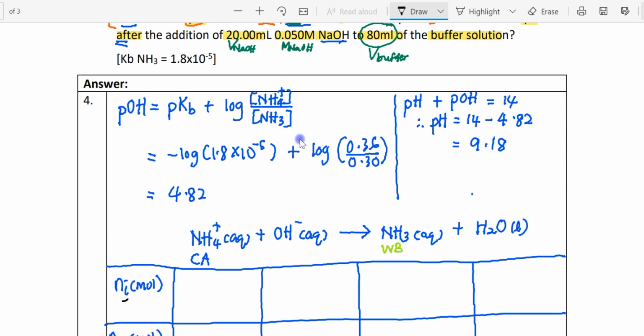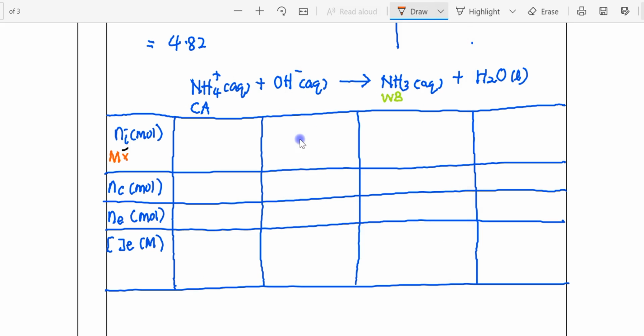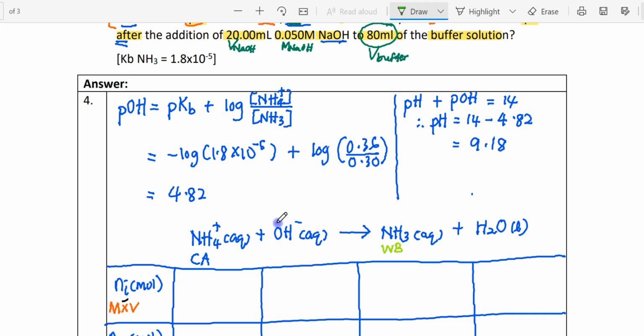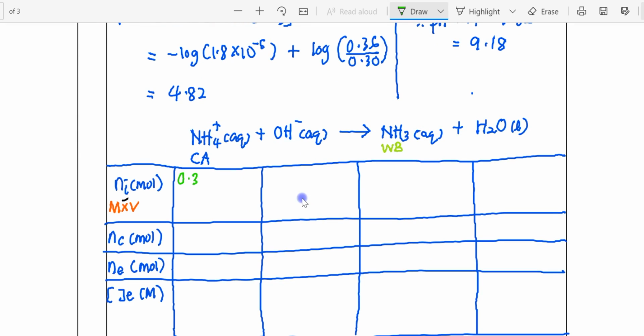To calculate the mole, it is molarity times volume, and volume should be in liters. The conjugate acid comes from the salt, that is 0.36, times the volume of the buffer solution. So you get 0.0288 mole.